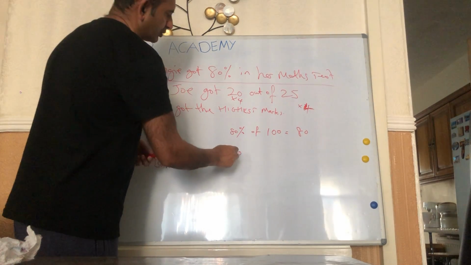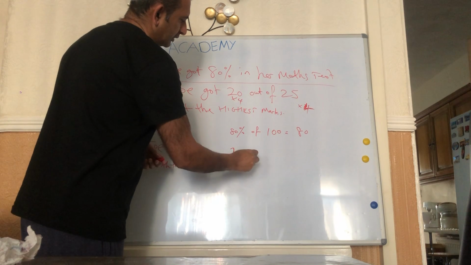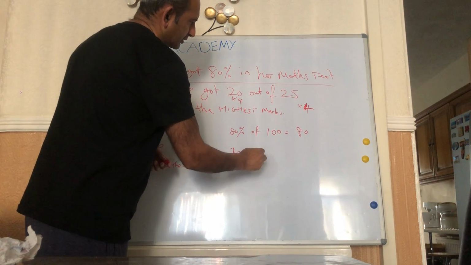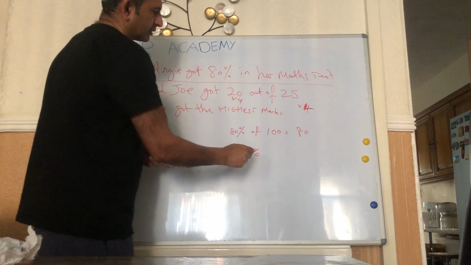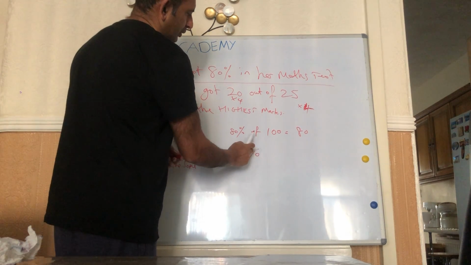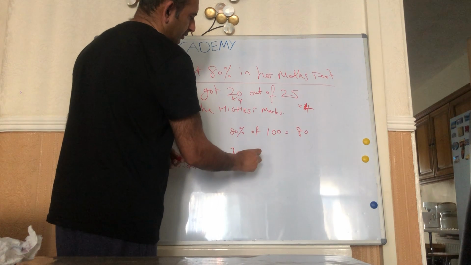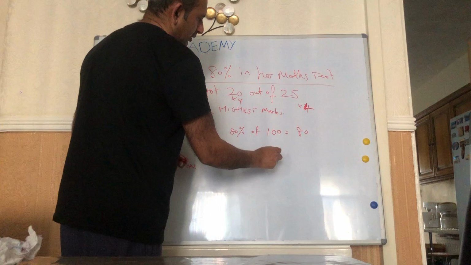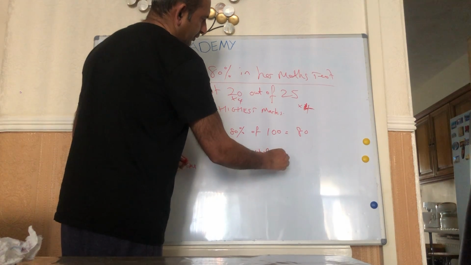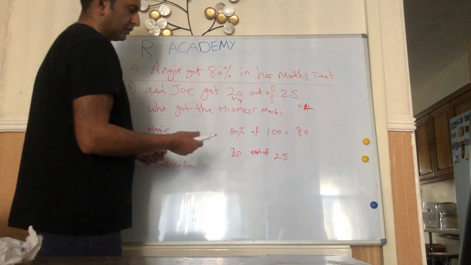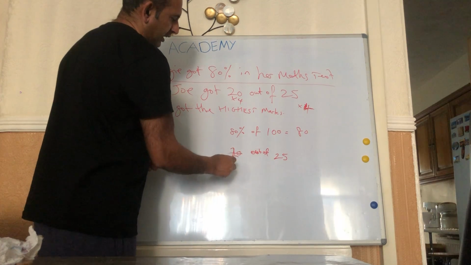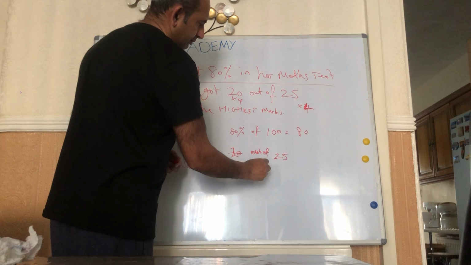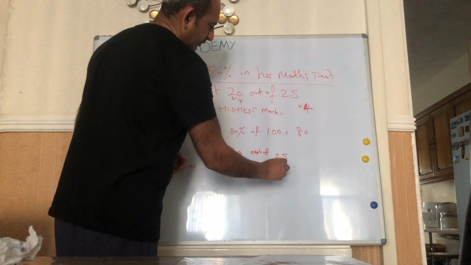So if we were going to do 20, say, percent, like 20 out of 25, let's say half this one to 10. Now we do 10 out of 25.